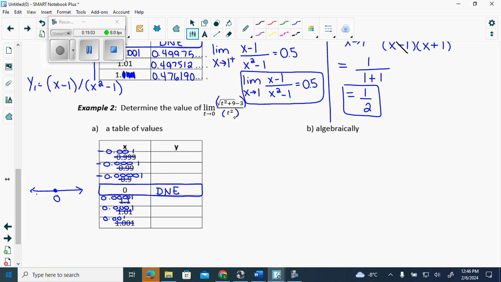Hopefully they're still drawing it. Negative 0.01, I get 0.1666. Negative 0.0001, 0.16667.